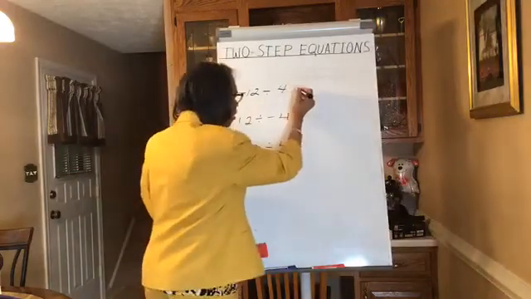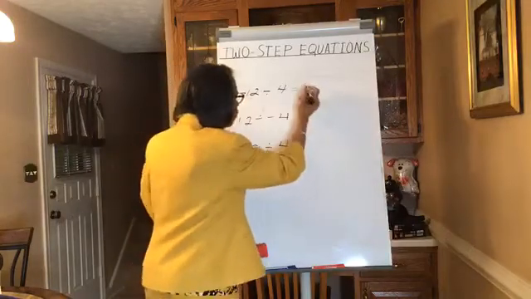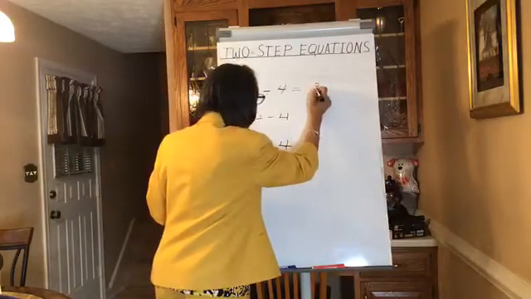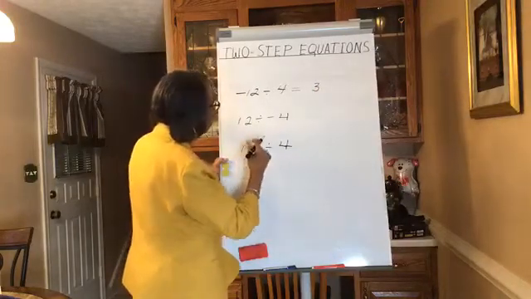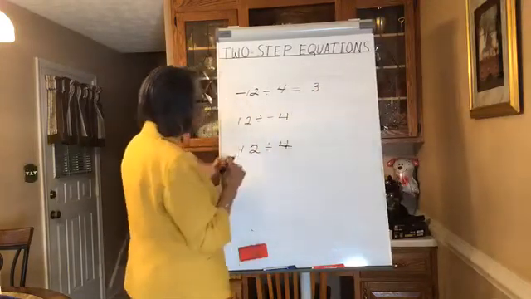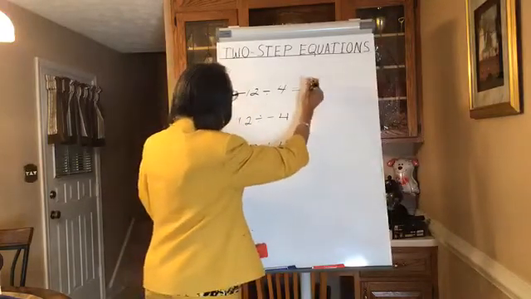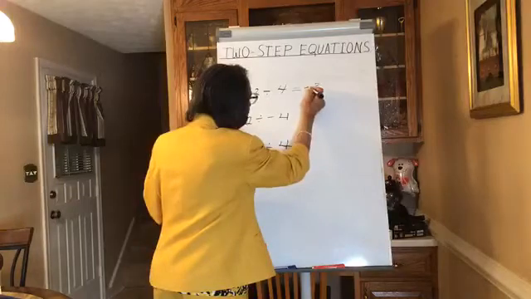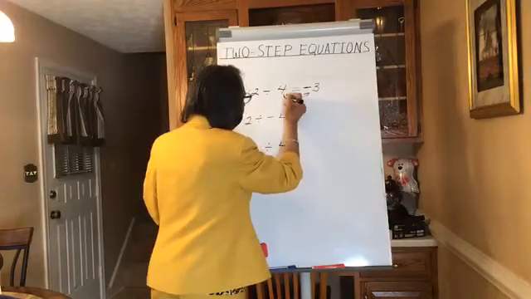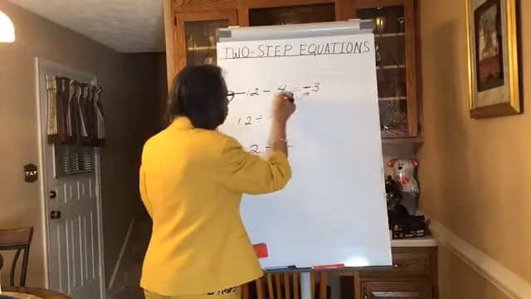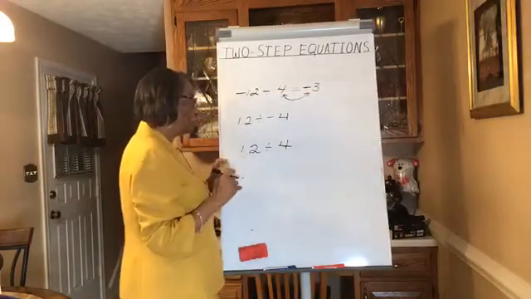I'll show you with multiplication. -12 divided by 4 is -3. How do we know that? Because when we check it by multiplying, -3 times 4 is -12. So if you know multiplication, you can do the division.